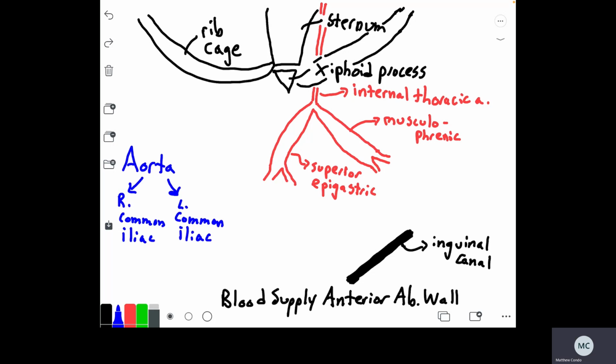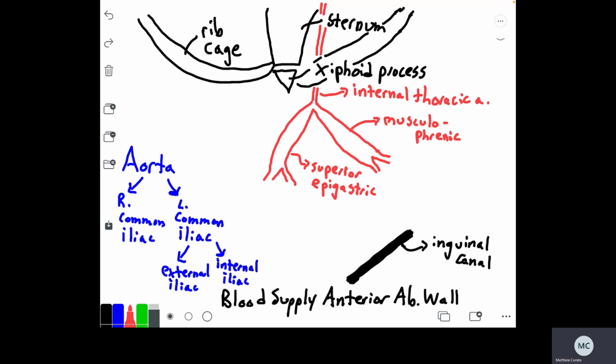That left common iliac, and this is going to happen on both sides, is going to have an external branch, so an external iliac, and an internal iliac. That's the very basic representation. The external iliac is going to end up essentially becoming my femoral artery after it passes the inguinal canal.